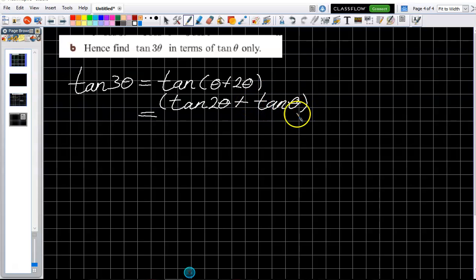And this is one of the many identities you have on the sheet, if you have checked. Oh, I messed that up.